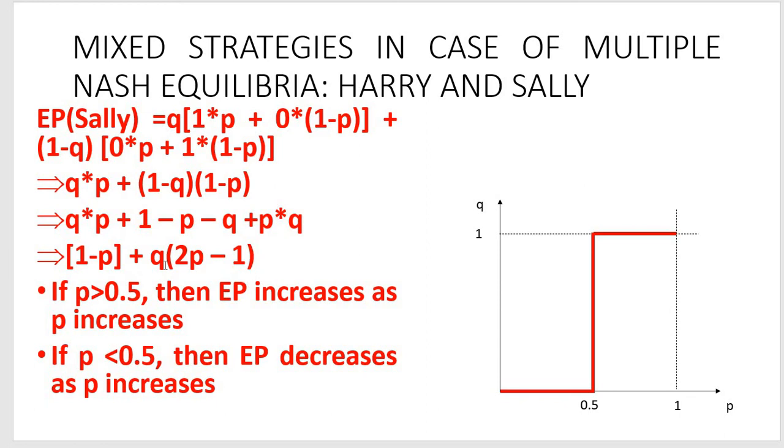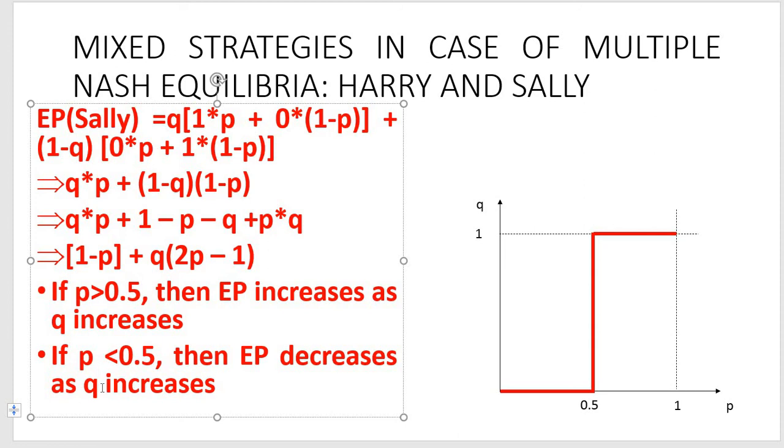Then you will see that if P, the probability that Harry will go to Starbucks, exceeds 0.5, then the expected payoff for Sally will increase as Q increases.